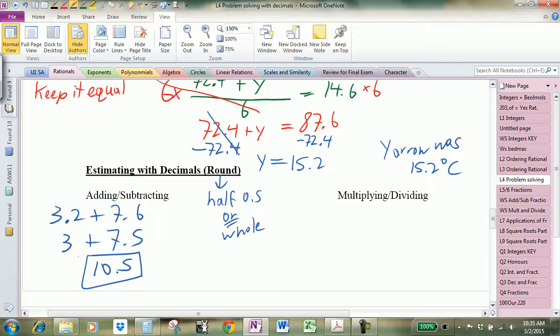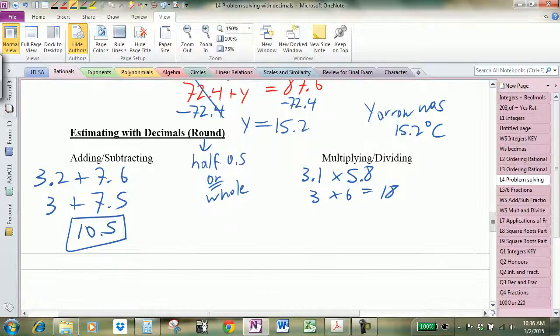Multiplying or dividing the same thing, so 3.1 times 5.8, that's like 3 times 6, which is 18. So that would be a good estimation.